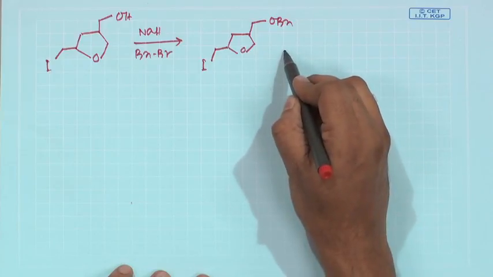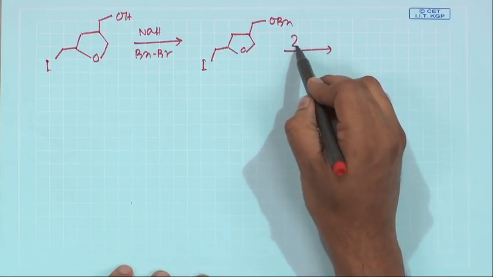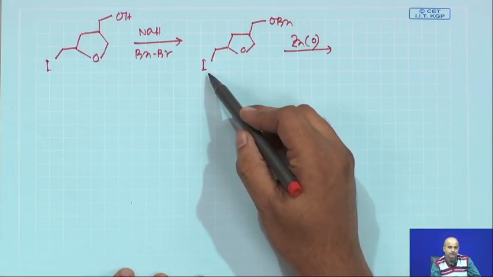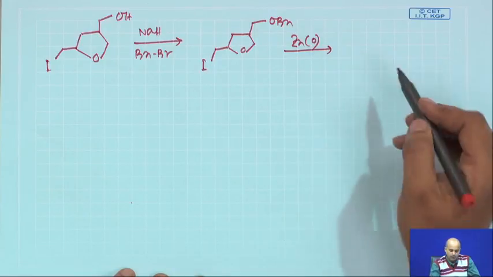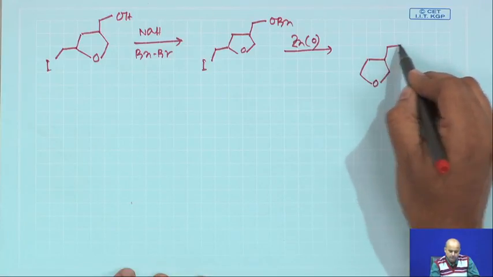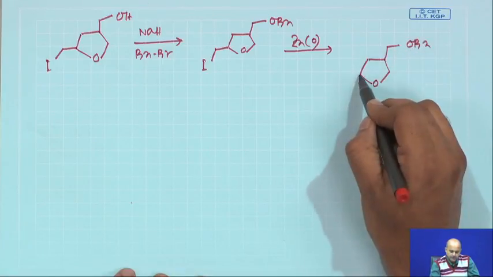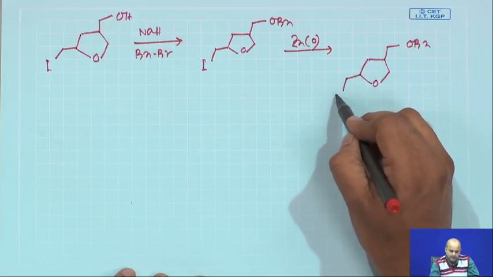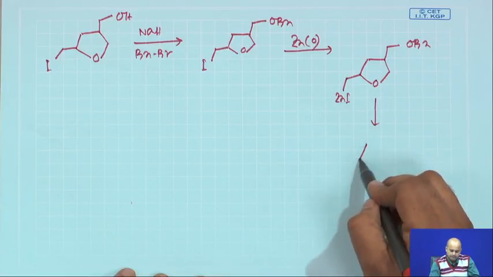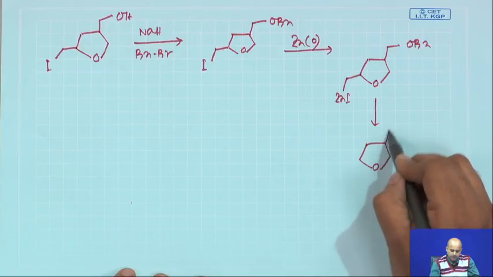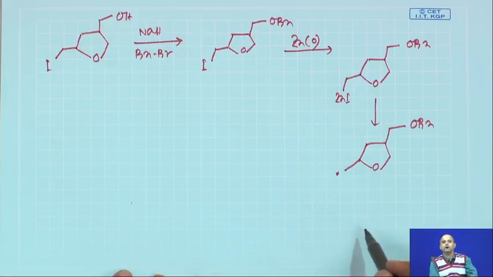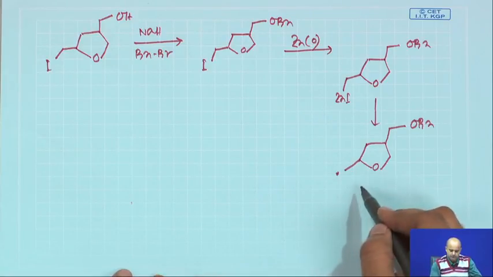Now, if this compound is an iodo compound, and you treat it with simple metallic zinc, metallic zinc has a strong affinity for iodine, and deiodination will take place. Once this deiodination takes place, it can initially give you a zinc iodo species, and then it will give you some kind of radical or electron deficient species, CH2 basically.